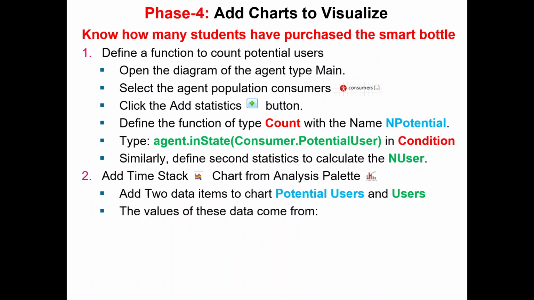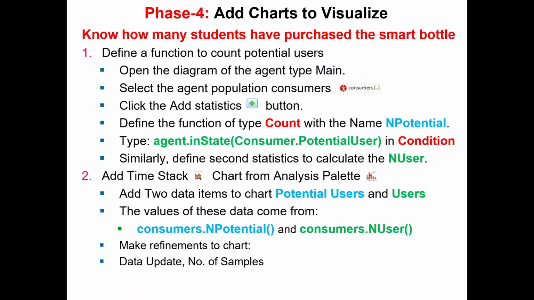So the values of these data come from, again, Java code in which you will count the consumers which are in potential user state and which are in the user state. Once we have added these items, we will make some refinements to the chart. We will update the data, number of samples, the scale, and then the vertical scale.